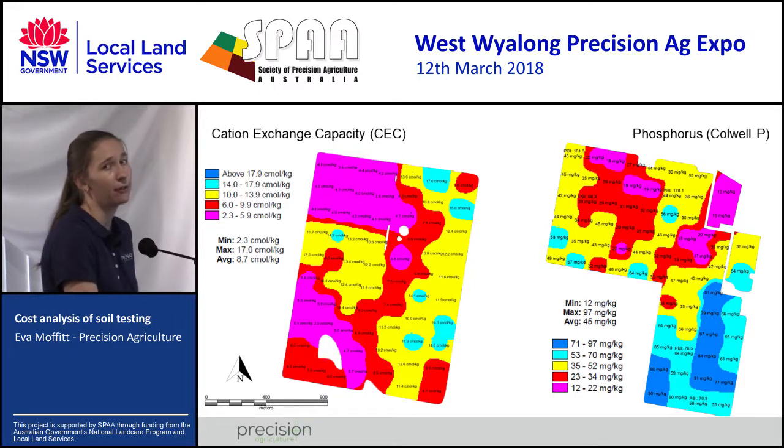You may not have variable rate on your seeder per se, but quite a few people are doing top dressing, whether that's variable rate or whether it's just manually going out and targeting some deficient areas. Also chicken litter, as Brodie discussed, and some other options there.